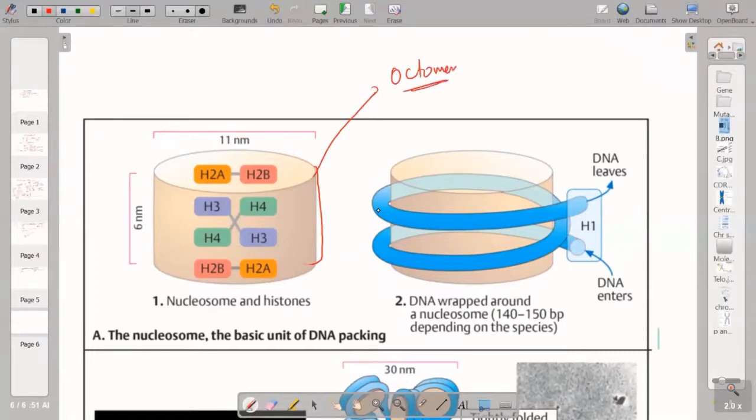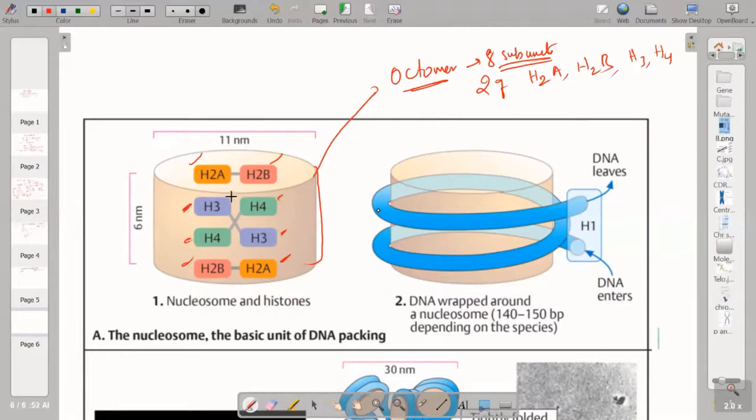When you say octamer, that means it has 8 subunits: 2 of H2A, 2 of H2B, 2 of H3 and 2 of H4.